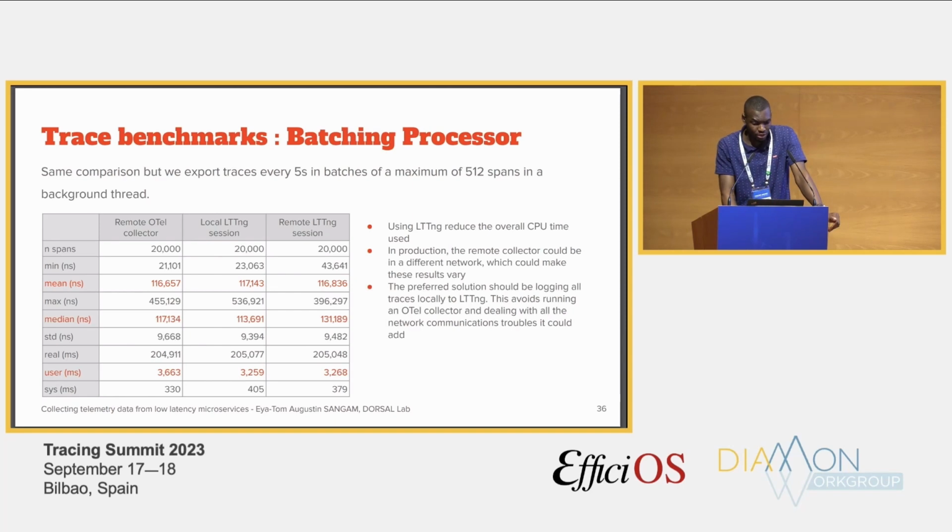For the batching processor, whenever a span ends, I continue my business logic, and there is a thread that batches all the spans that are created and exports them every 5 seconds.